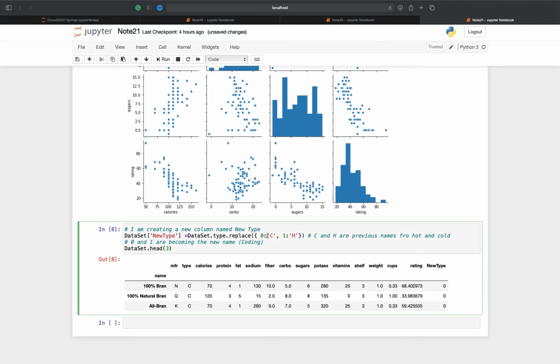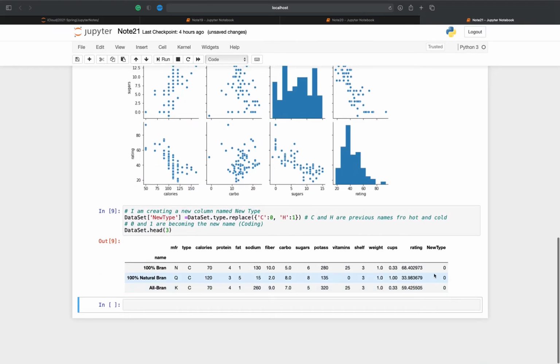So C becomes 0 and H becomes 1. Now this should be correct. Yeah, okay, so for all the cereal that were cold, now we have 0 in the new column. We didn't replace the previous type column with the new one.